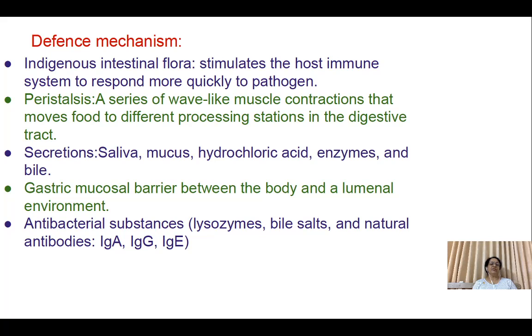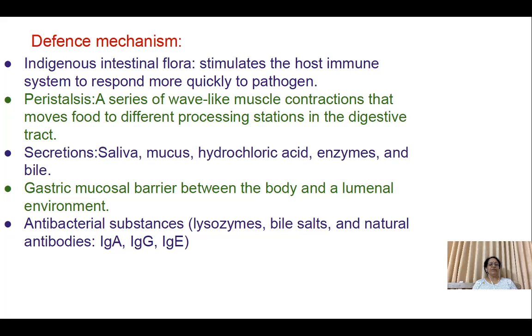Various secretions play an important role in the defense mechanism of the gastrointestinal tract. In that, mucus, hydrochloric acid, various enzymes and bile are included. Saliva also contains lysozymes, which kill a variety of microorganisms which enter with food and water in the gastrointestinal tract.